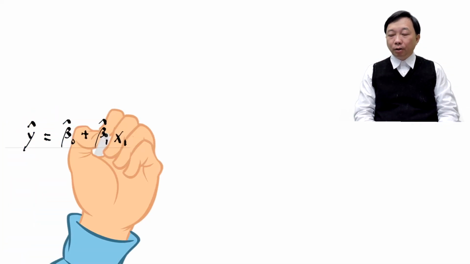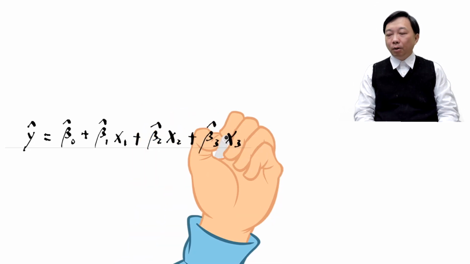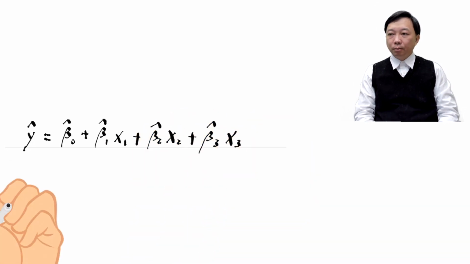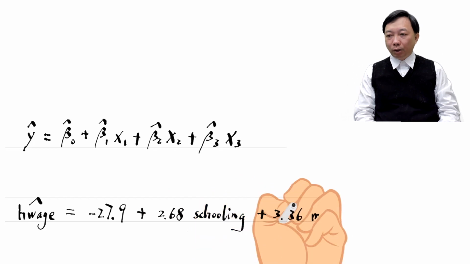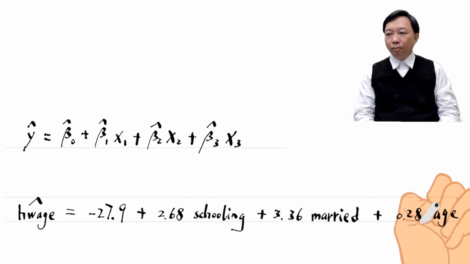Usually, we write down the estimated equation in the following form based on the Stata output. Y hat represents the fitted value or the predicted value of the outcome variable. Beta hats are the estimated coefficients for the explanatory variables. In this case, the estimated equation is as follows.